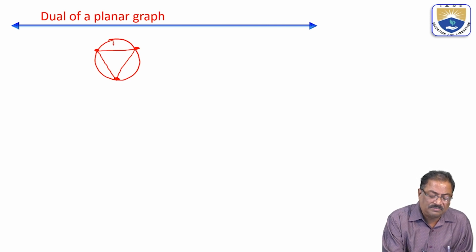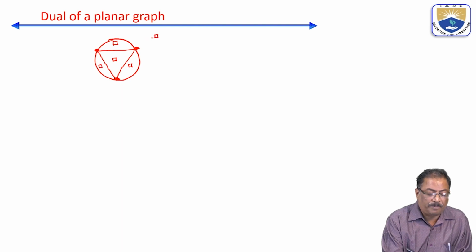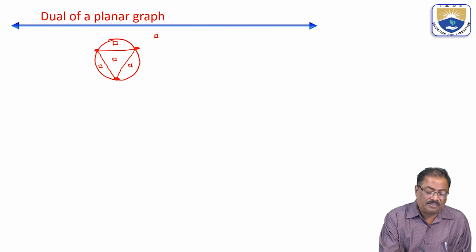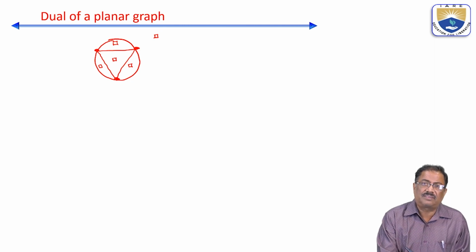And now we are going to construct the corresponding vertices. This is for R1, this is for R2, R3, R4, and this is for region 5, R5. The corresponding ones are nothing but V1 star, V2 star, V3 star, and so on.